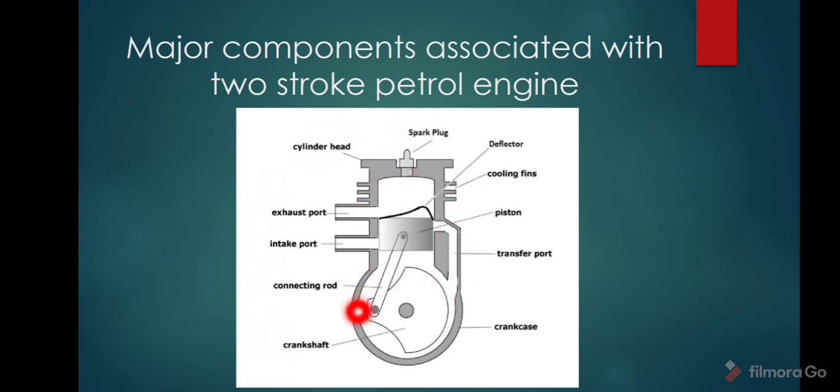This casing is known as crankcase. This is known as crank. This is connecting rod. This is piston. This is intake port. This is exhaust port, and this is transfer port. This part is known as deflector.